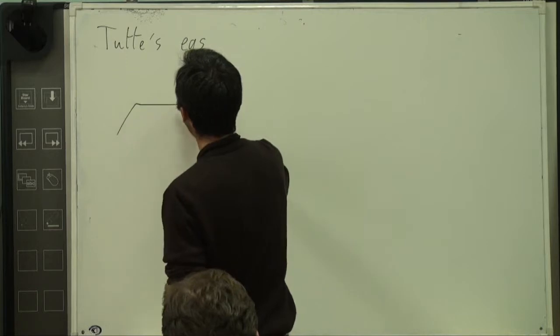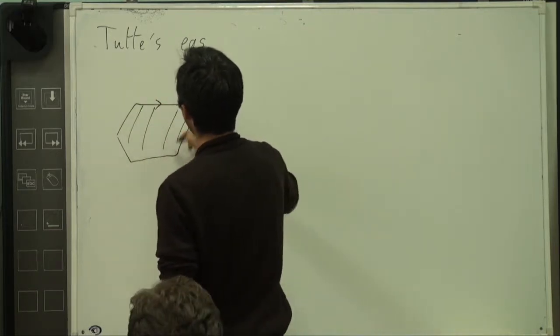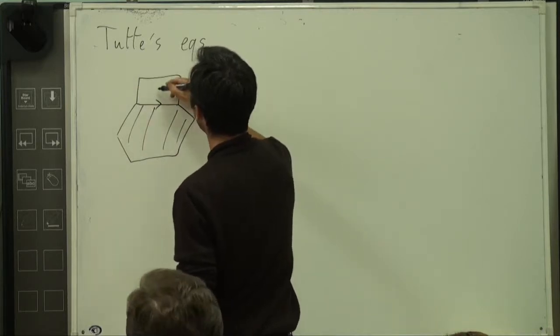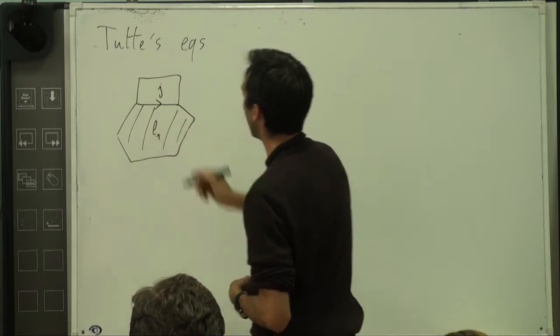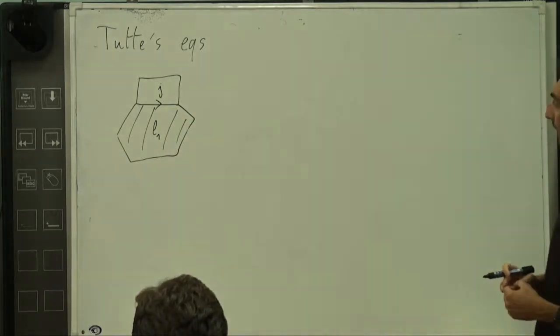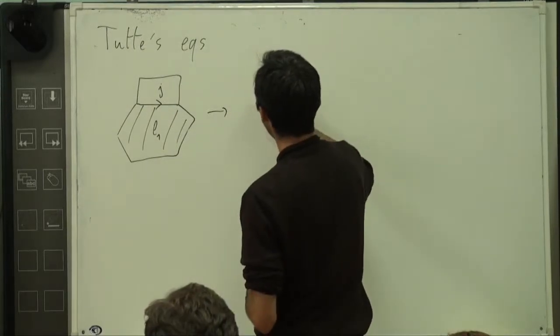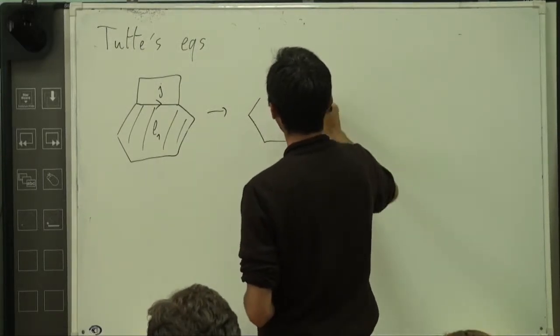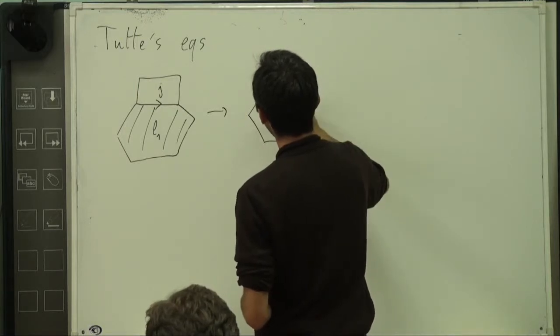On the other side of a marked edge, you can have a J-gon. So let's say this was marked face L1, and on the other side you get a J-gon. So what you get is a new face of size L1 plus J minus 2.